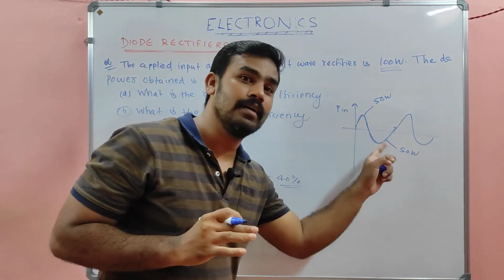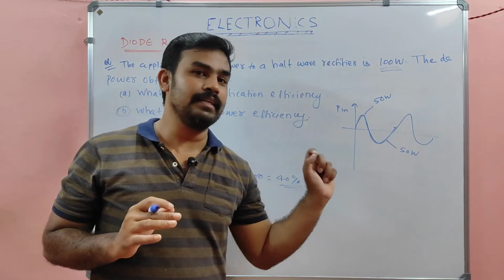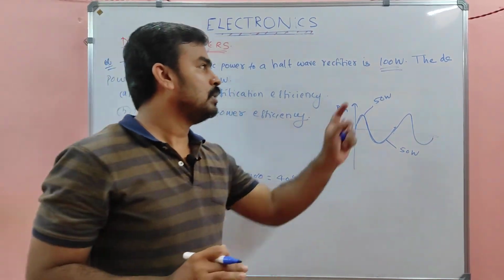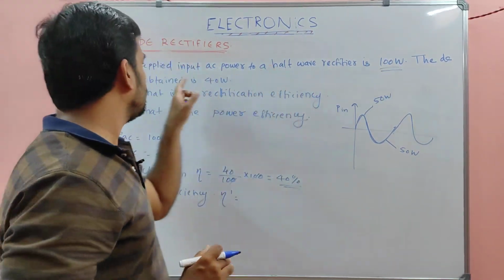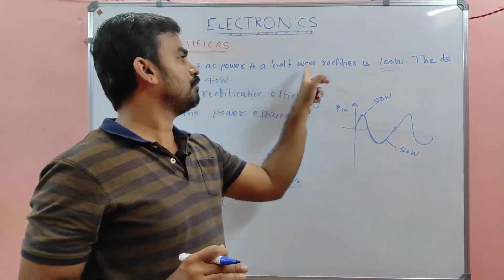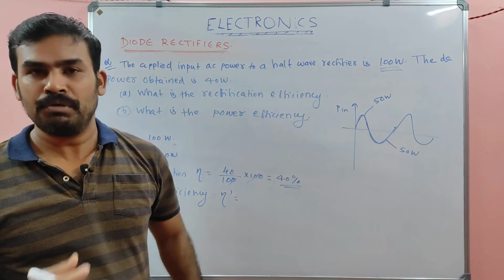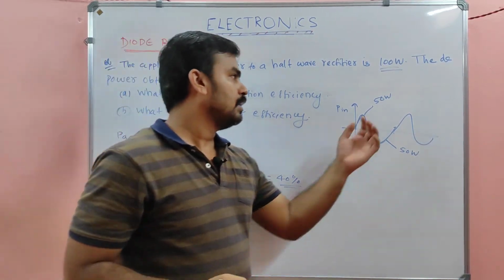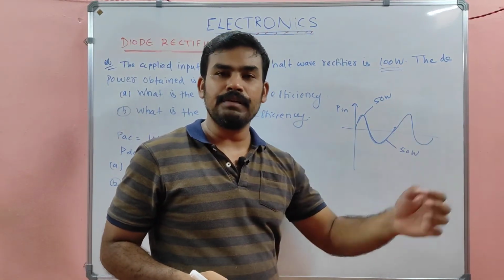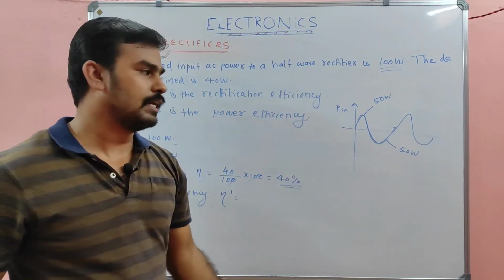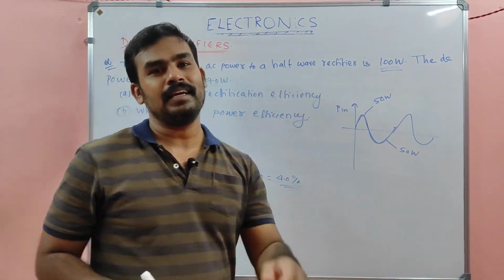This you are learning. I think it's new to you. So total input power, the applied input AC power to a half wave, is 100 watt. Input is nothing but the pure AC sine wave. So from these, 50 watt is for the positive half cycle and another 50 watt for the negative half cycle.